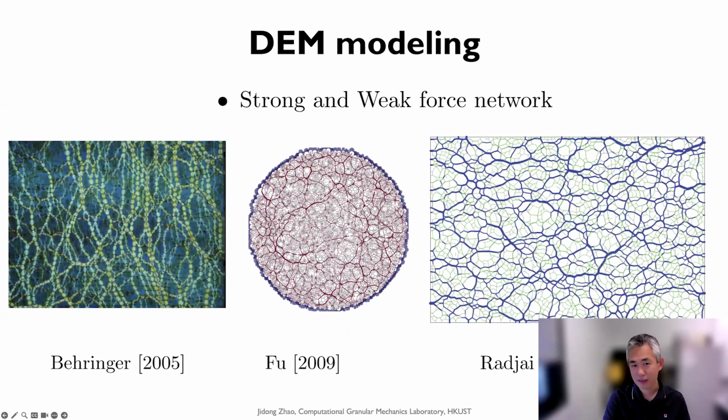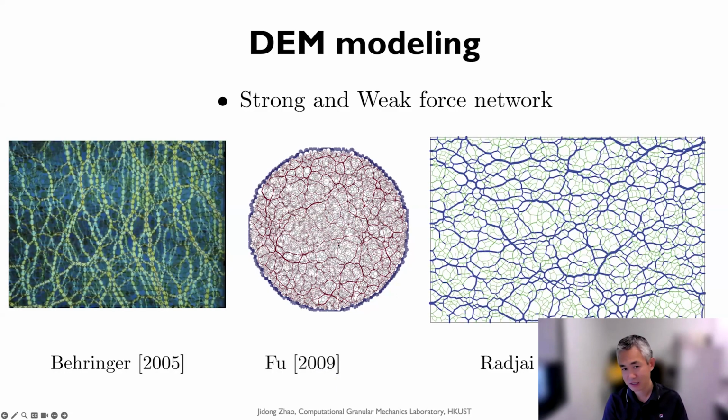And then here is an example. For example, in order to replicate the Bob Behringer's strong force chain network observed in the photoelastic testing on the left, we can use DEM to simulate the different particles and visualize the contact forces according to their direction and also magnitude.